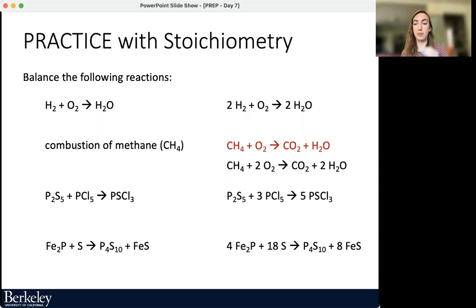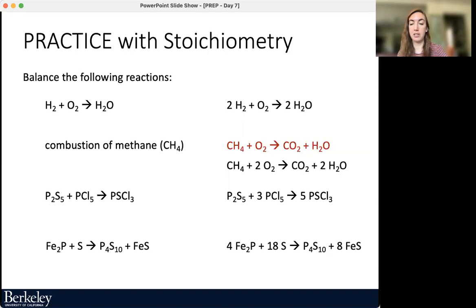The whole process of stoichiometry is kind of iteratively changing those coefficients until you have that balanced. So it's not necessarily easy to figure out which coefficients to change in which order, but once you're done, you should always be able to check that your answer is right because there should be the same number of atoms of each element on each side.